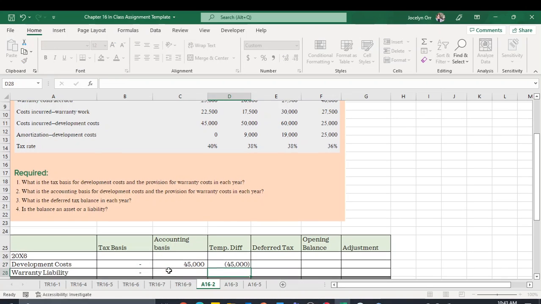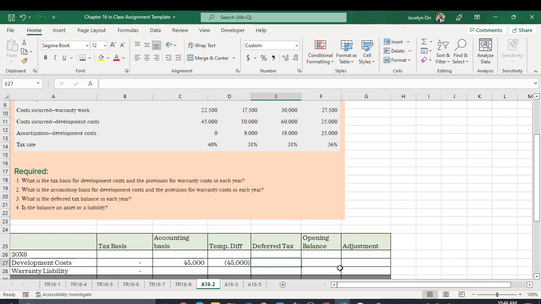That is going to give me a temporary difference that I'm going to then multiply by our tax rate for 20x6. So keep in mind our tax rate is different in each year. It had an opening balance of 0. So my adjustment is going to be a credit and a deferred tax liability.